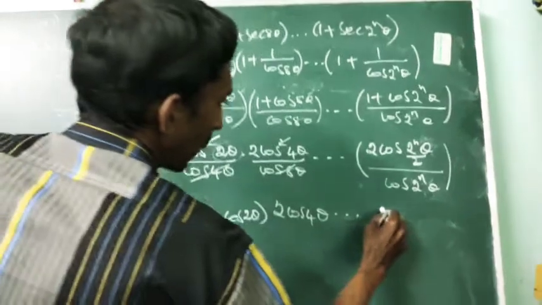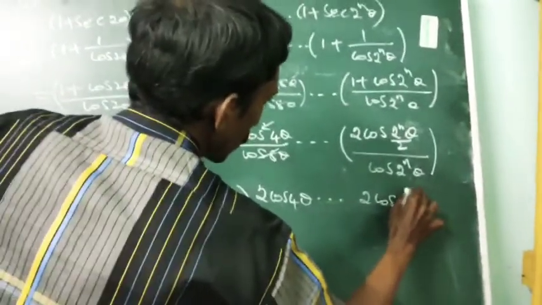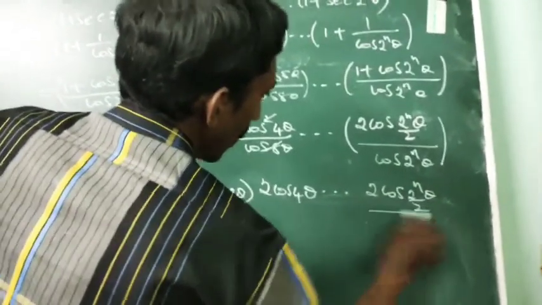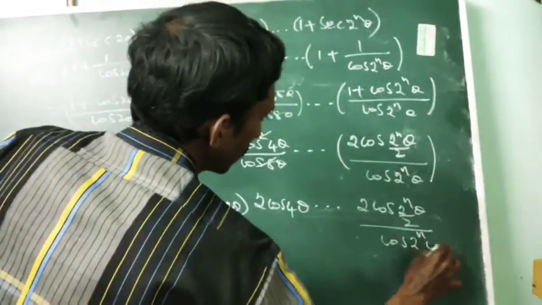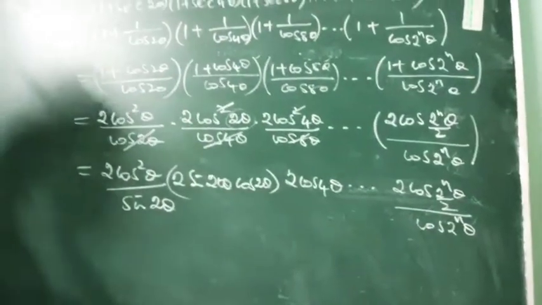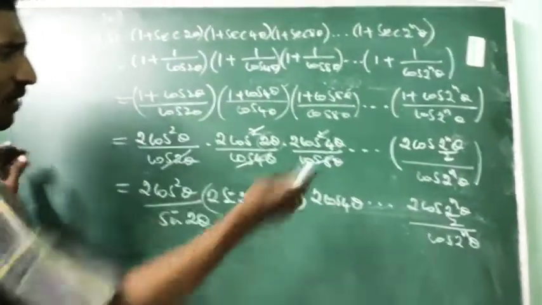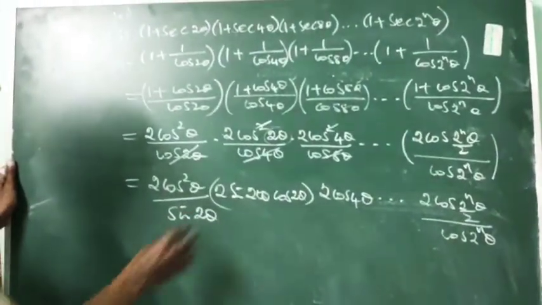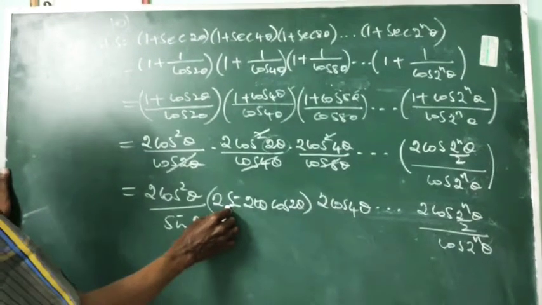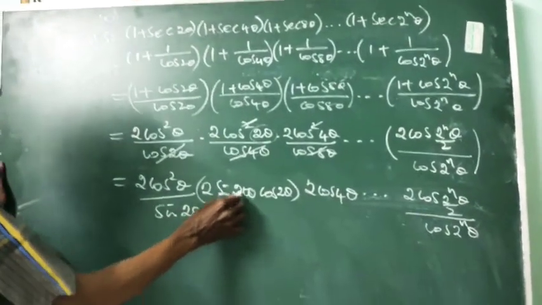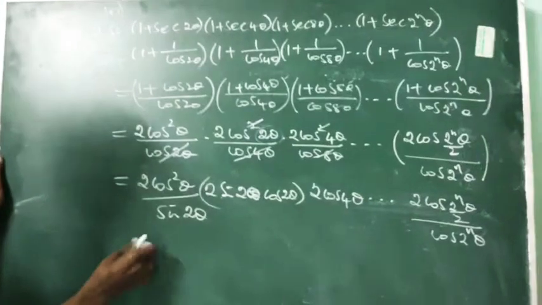Etc. 2 cos power 2n theta by 2, by cos power 2n theta. 2 power n by 2 theta, n minus 1, or we can write 2 power n minus 1. So it becomes sin 4 theta. In the place of theta, we have 2 theta.